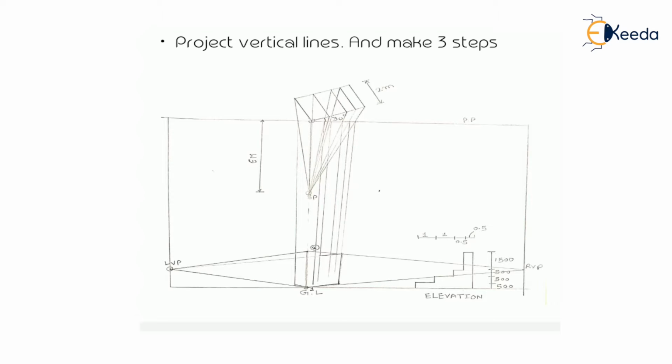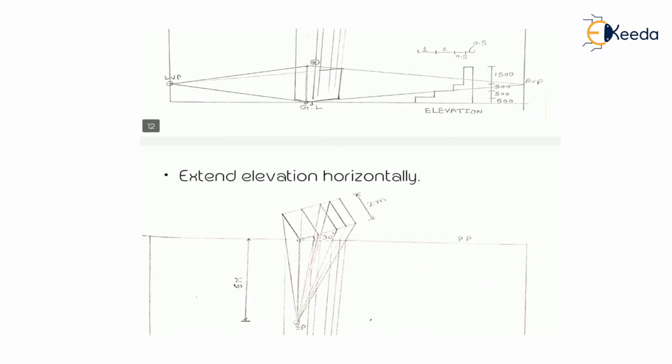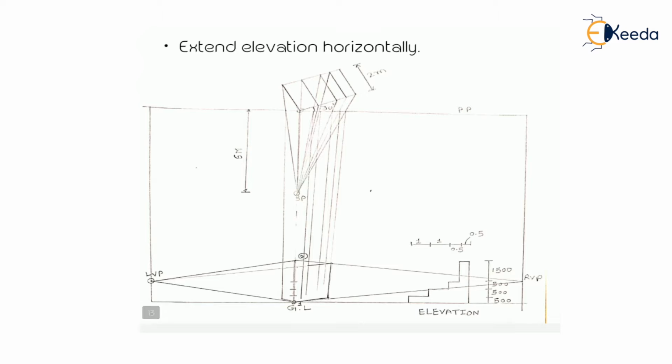Okay, this is the next step. Next, extend the elevation horizontally. We have the elevation, which gives us the height. From the plan we get the length and width ratio, and from the elevation we get the height. By using all three dimensions, our building is made three-dimensional. That's why we require height too.